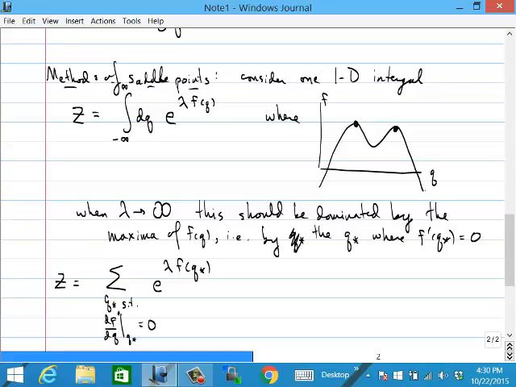Now, this is just an approximation. It turns out that there is a series of subleading corrections to this approximation. The method for determining the subleading corrections to the saddle point approximation is essentially the method of Feynman diagrams.